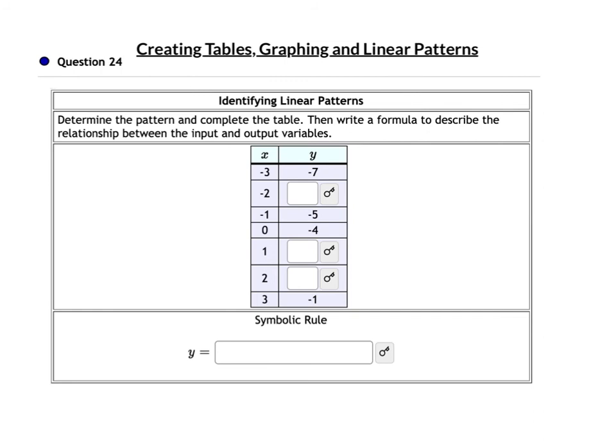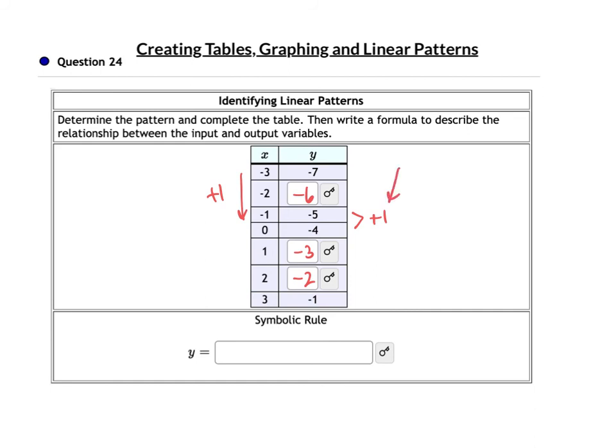Here's another table to make and an equation to write. X is increasing by 1, like we need. We're looking for a pattern. Negative 5 to negative 4 is increasing by 1. So negative 7, negative 6, negative 5, negative 4, negative 3, negative 2, negative 1. Adding 1 every time.